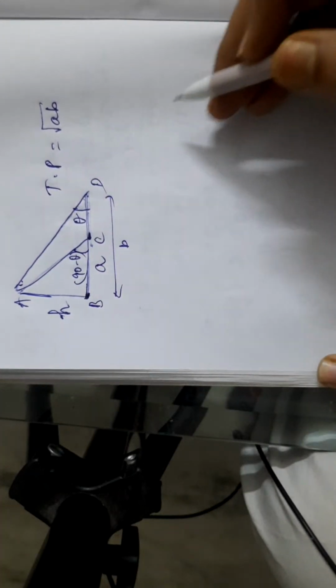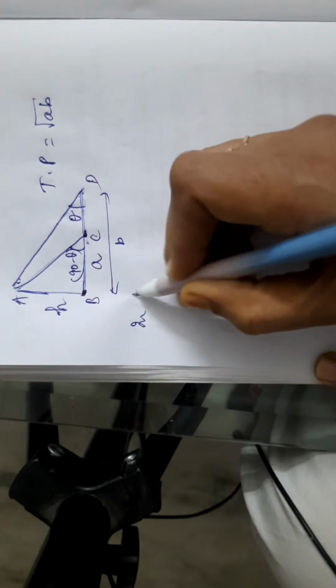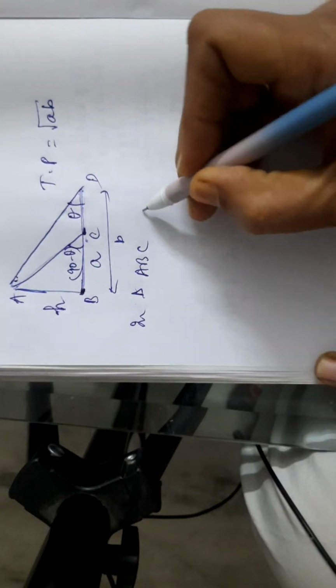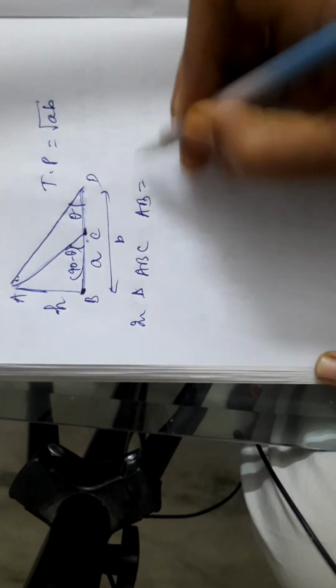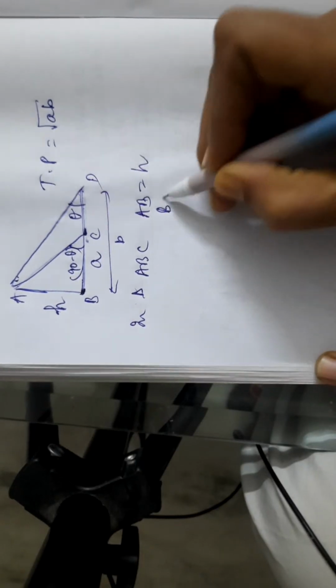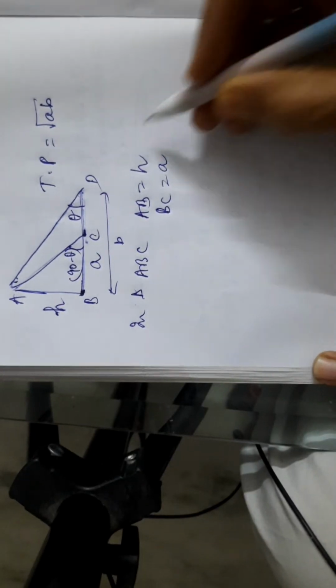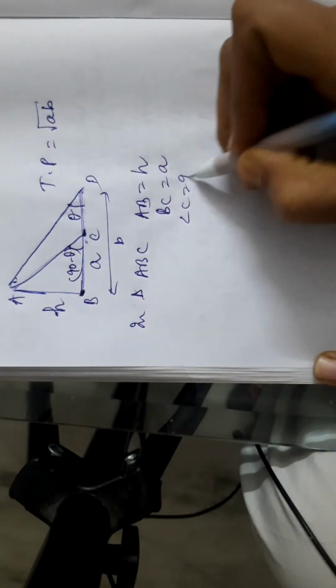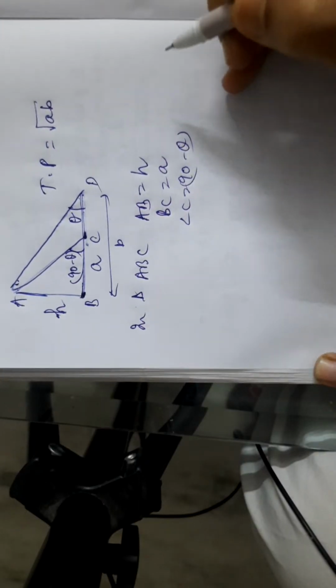So what is given that you need to represent here? In triangle ABC, AB is H, BC is A, and angle C is 90 minus theta.